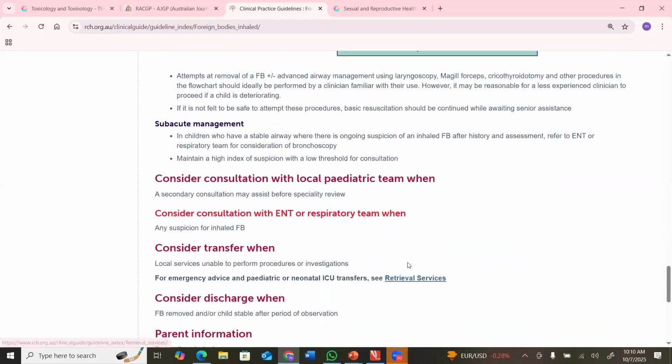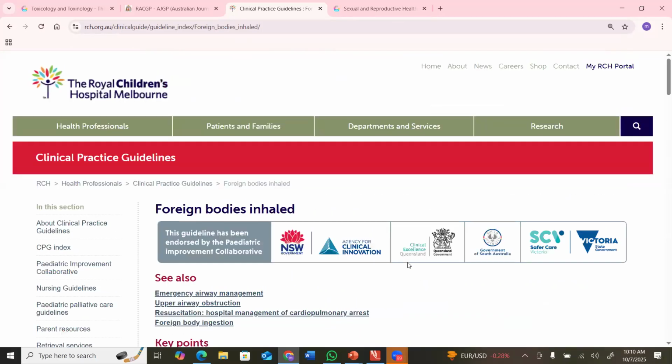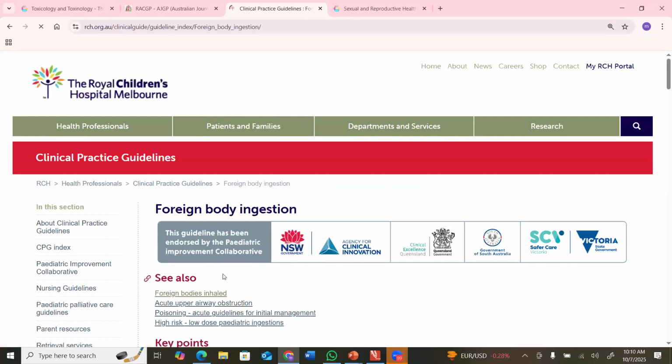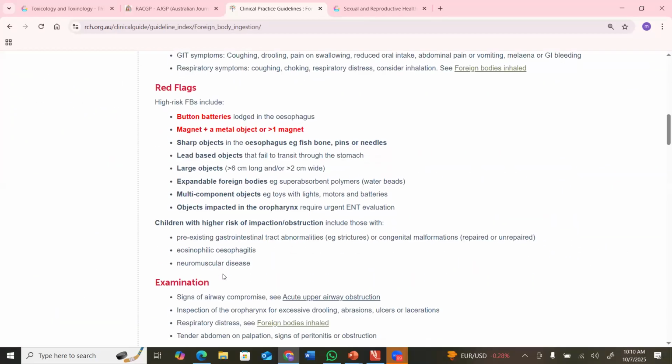I would recommend that everyone of you who has an exam nearby please go through both inhalational and ingestional foreign bodies. The other one is foreign body ingestion, because we have button batteries and all these things. What are the high-risk foreign bodies, and what is the time frame to deal with them? That is very well explained in these guidelines.